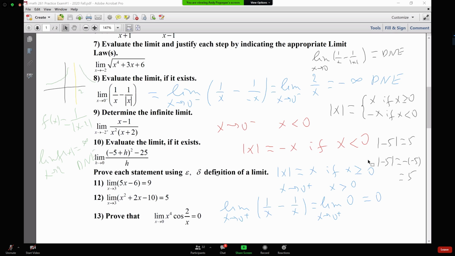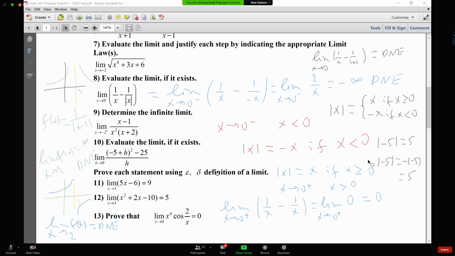Now, if it was something like this, again, this is 2. Let's assume from this part it goes this way, from this part it goes this way. In this case, the limit of f of x just does not exist because from the left it goes to positive infinity, from the right it goes to negative infinity.